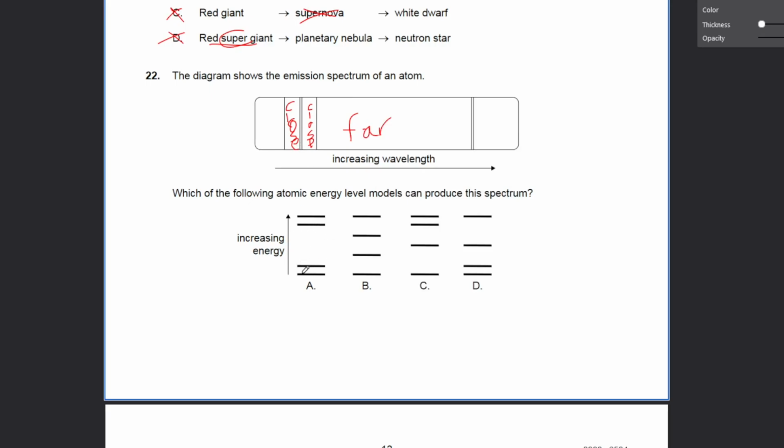And then if I'm looking at A, well, these are close. We have a big gap. And then these are close together. And if I follow each emission line and match it up, my answer is going to be A.